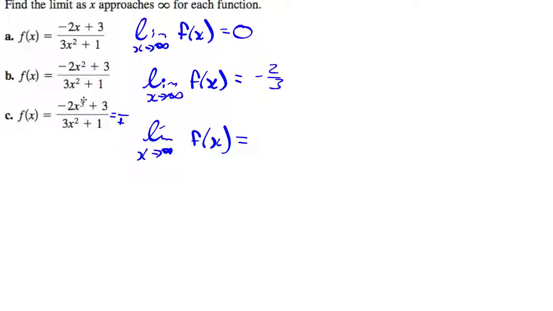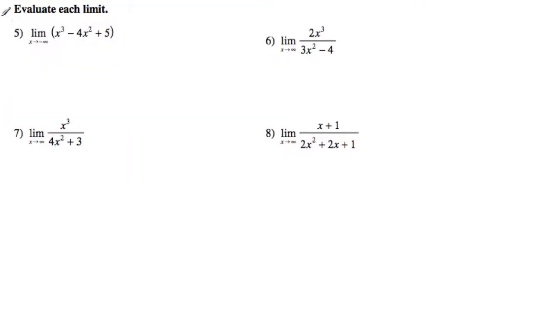What about the numerator though? Well, this is just adding a 3, but this is going to become more negative. We're taking some very large value, cubing it, and then multiplying it by negative 2. That's going to be more negative. This limit is actually negative infinity because we're going to have a negative divided by a positive. So be careful. Think logically about that.